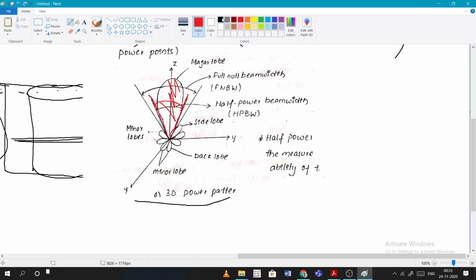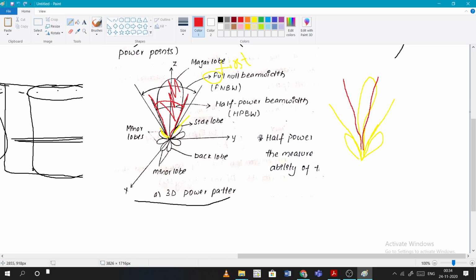Then there is the first null beam width. For this, we need to draw a line touching the next side lobe, like a tangent line.